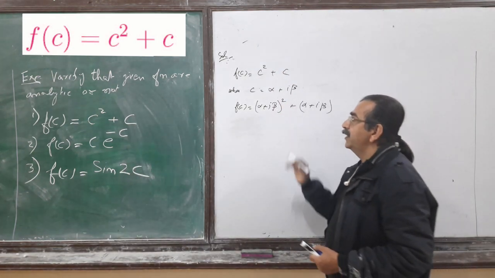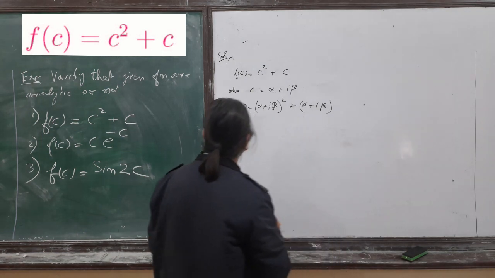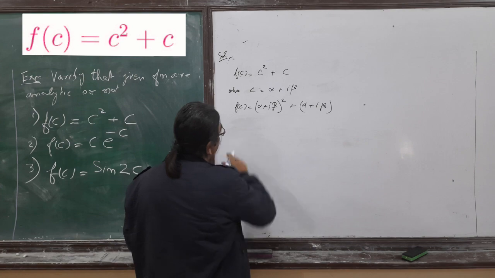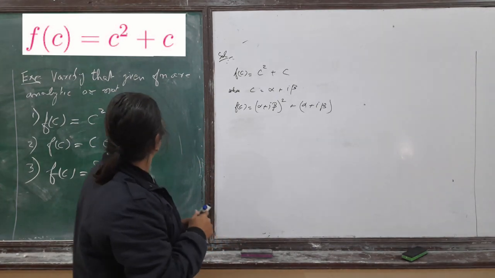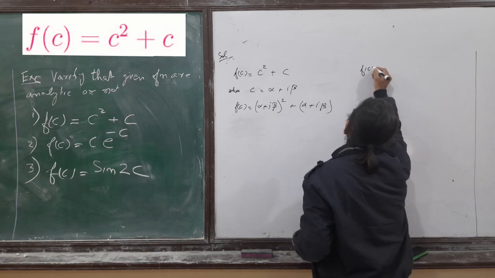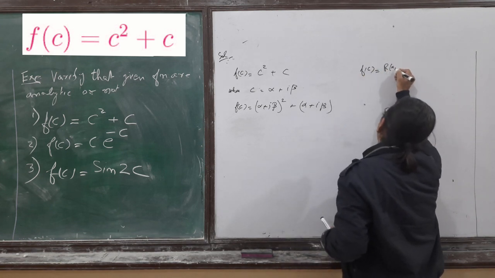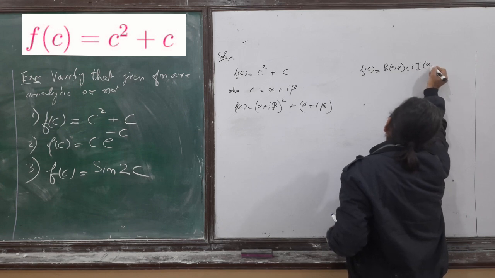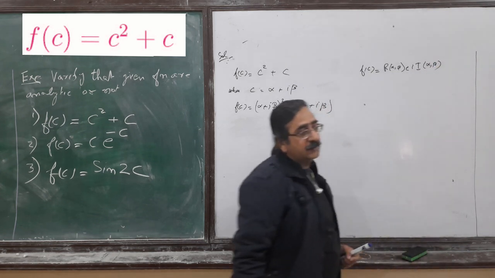So every complex number, firstly we will write in the form of functions, that is, in the form of R(alpha, beta) plus iota I(alpha, beta). I have to derive it in this form. Okay.